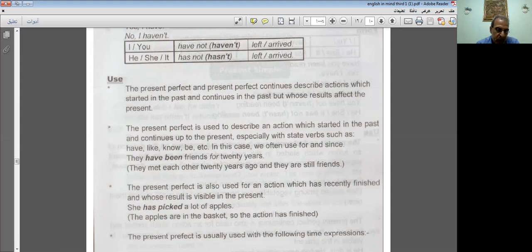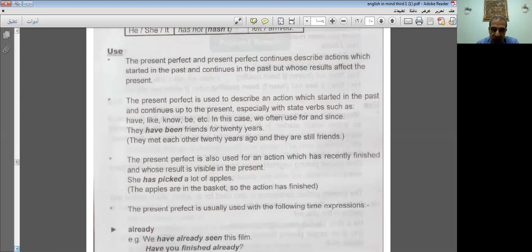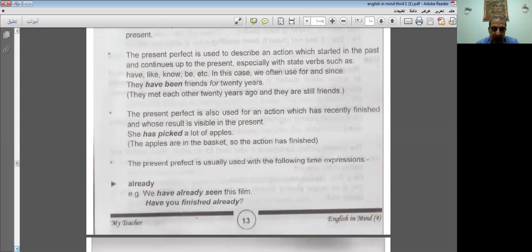Let's see what these expressions are. Here we have: already. We have already seen this film. Have you finished already? So you can put already after have or has and before the past participle, and also you can put it at the end, especially with the question.